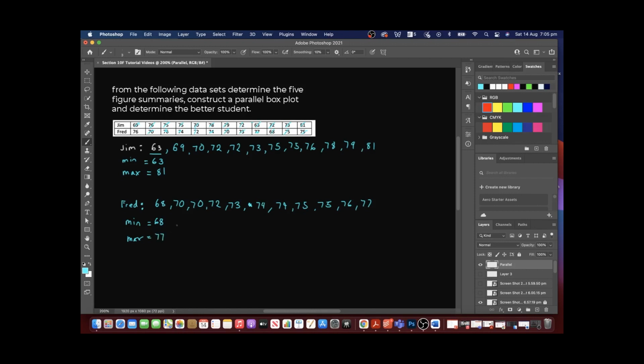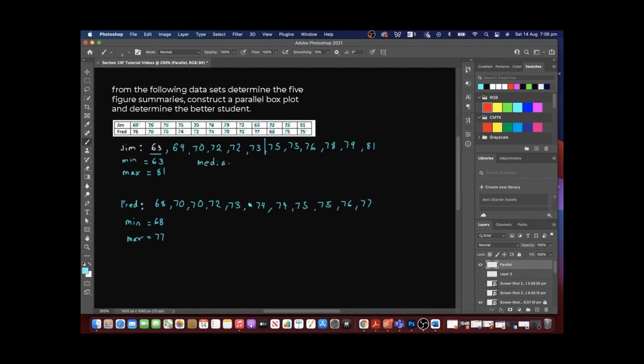And then we need to find the median. So how many data points do we have? 1, 2, 3, 4, 5, 6, 7, 8, 9, 10, 11, 12. So 12 should cut them into 6 and 6. So 6 either side of that line, which means we add 73 and 75 together and we divide it by 2.